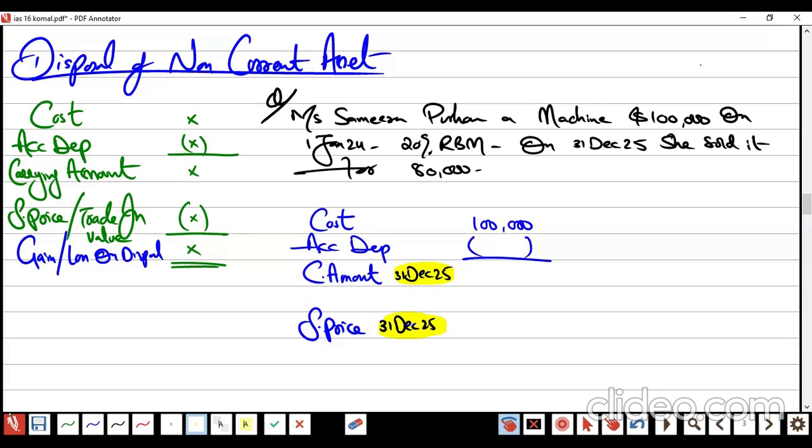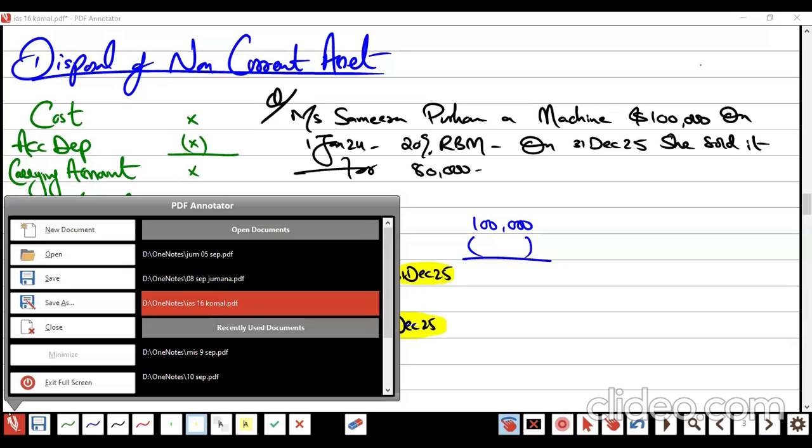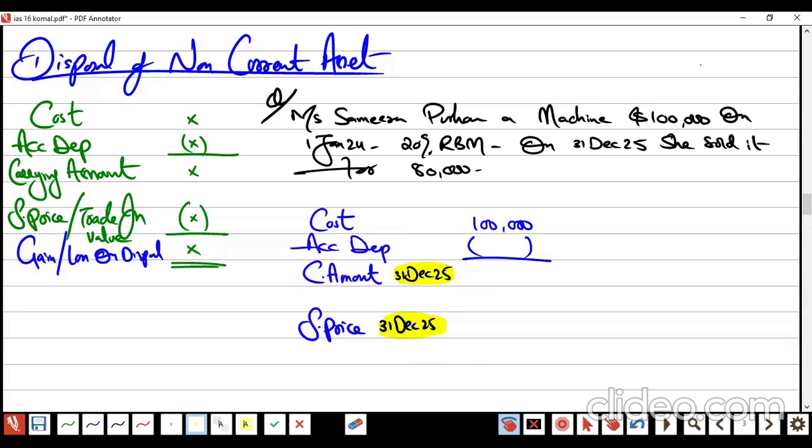Now tell me, how many years have passed? I need accumulated depreciation. She bought it on one date and sold it on another date. So how many years have passed? Two. So the method is which one?